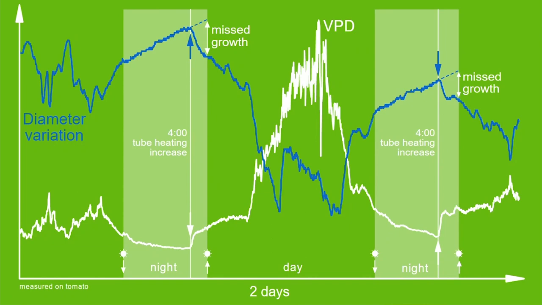From a certain value on, the plant is stressing. But we see this in the measurements as well. If the VPD remains very low, the plant is not really working and there will not be a lot of shrinkage. So the further the diameter goes, the more variation there is, we see it as the more stress there is. However, a bit of stress is not a bad thing.